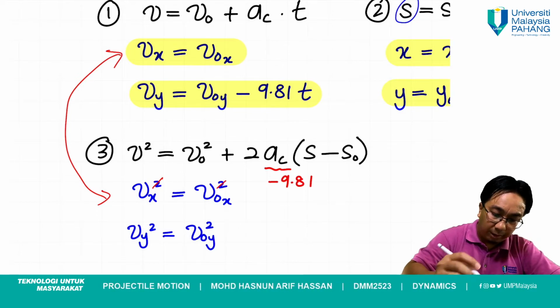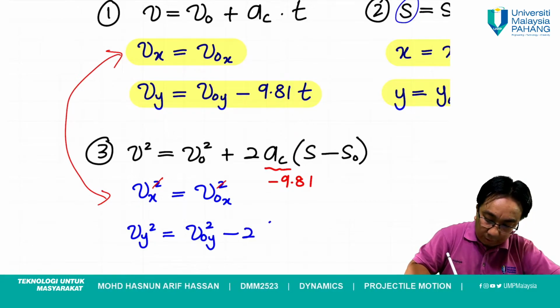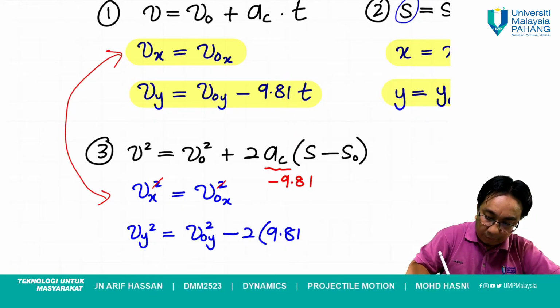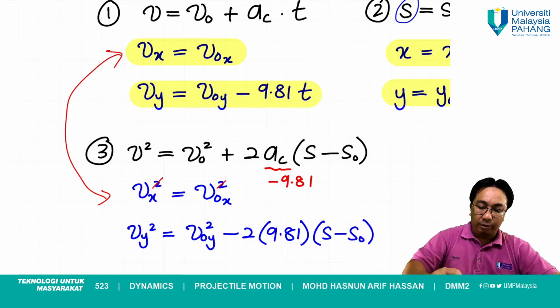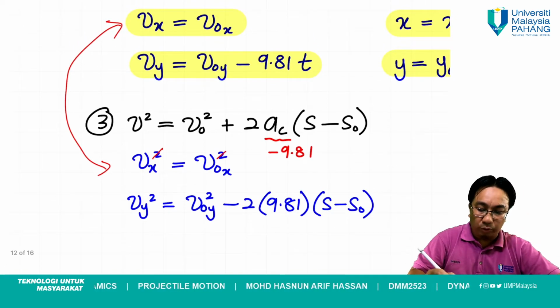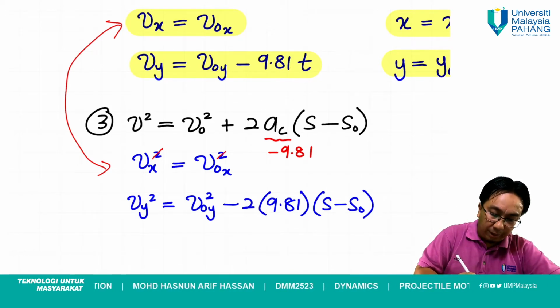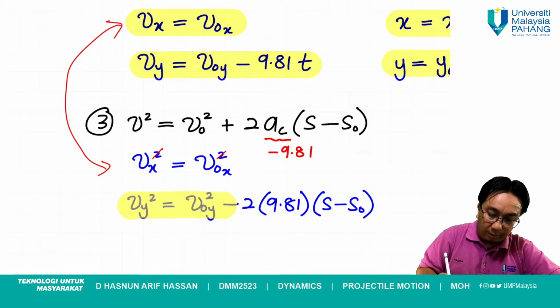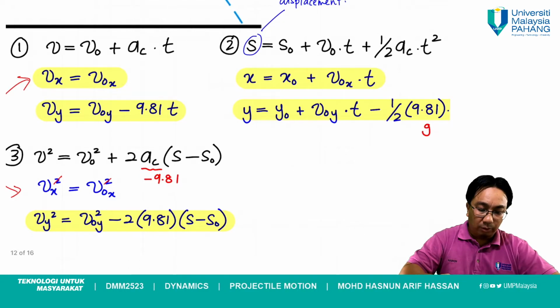So you can write it as minus 2 times 9.81 times S minus S naught. Again, you can also write it as 2 times G lah, minus 2G times S minus S naught. Okay, so this is another equation for the case of projectile motion.